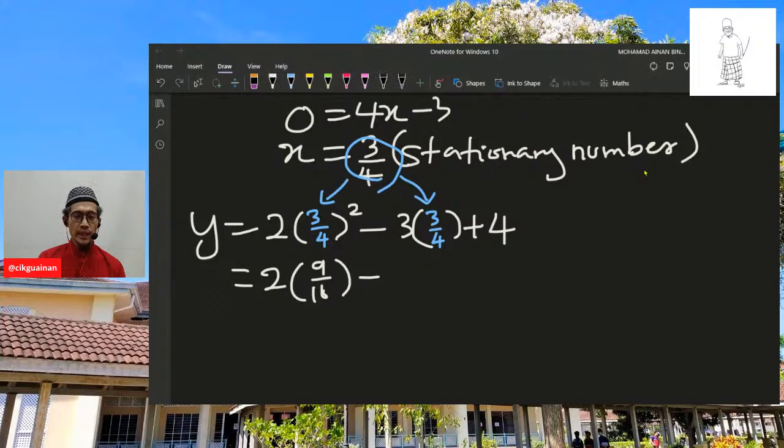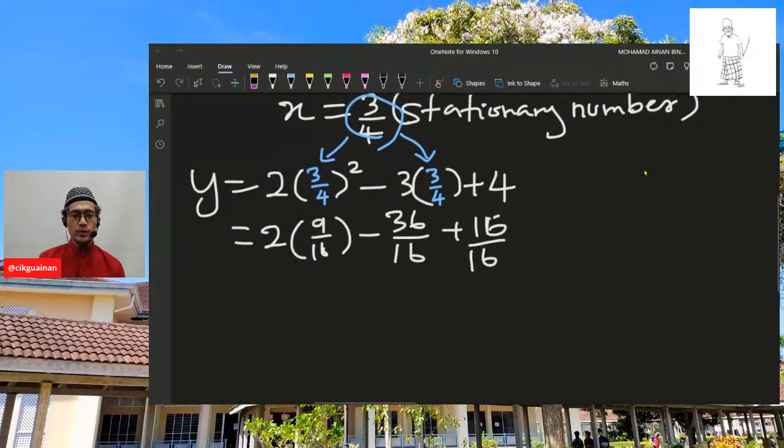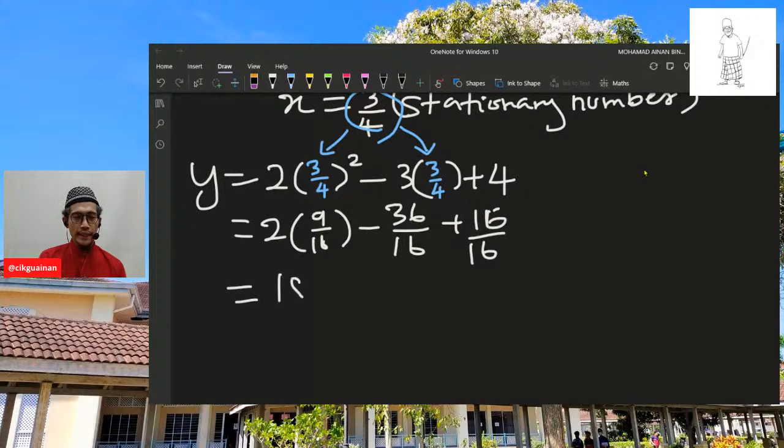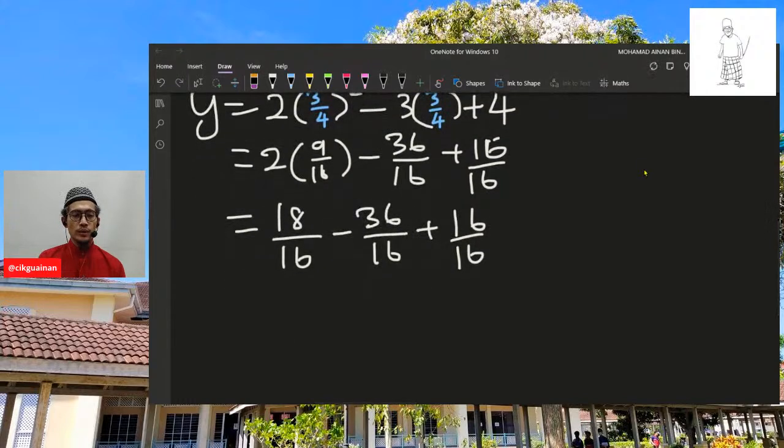I want to make everything over 16. 9/4 becomes 36/16, plus 16/16, and 3x becomes 18/16 with a minus sign. So we have 9/16 minus 36/16 plus 16/16, and from that calculation we get minus 2/16.